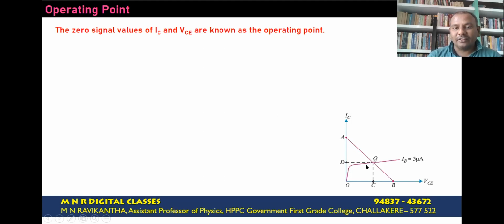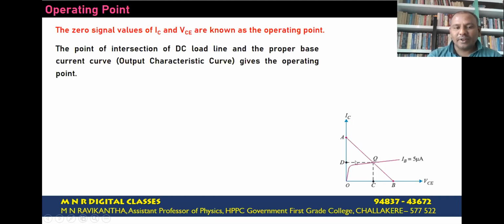The corresponding values of IC and VCE give us the operating point. Now observe here in the graph, D represents the value of IC, C represents the value of VCE corresponding to the point of intersection Q. This point Q is the operating point for this output characteristic curve.